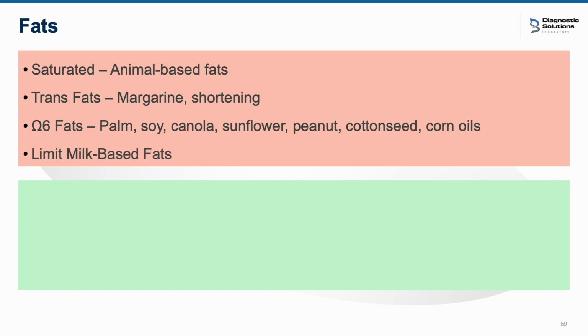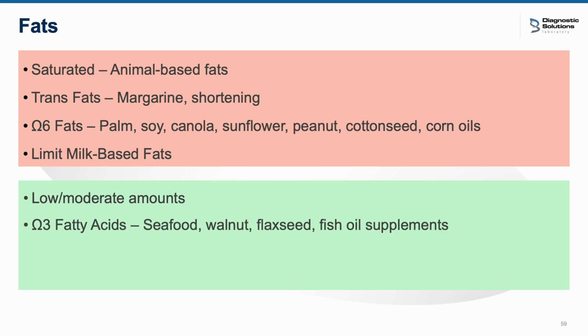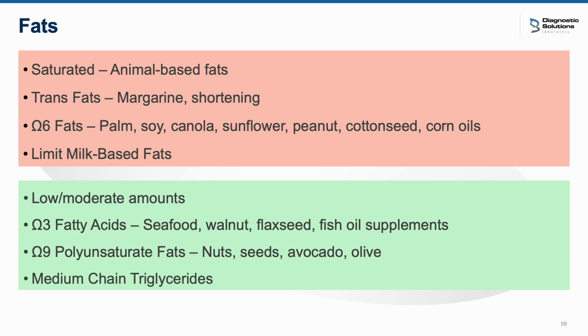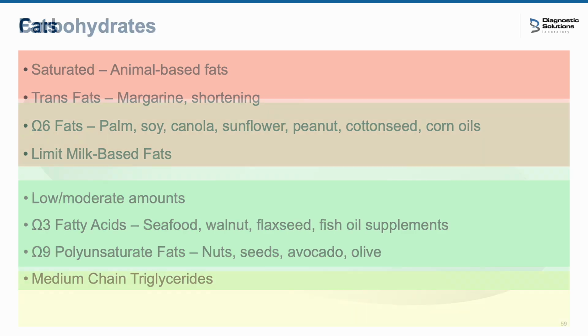And then we're limiting our milk-based fats, although dairy itself is not a trigger in everybody for IBD, but milk-based fats like butters and sour creams and things like that should be limited. In general, we want to go for a lower fat diet to promote remission. We want to use omega-3 fatty acids. We want to get our omega-9 fatty acids. Some people may benefit from medium-chain triglycerides.